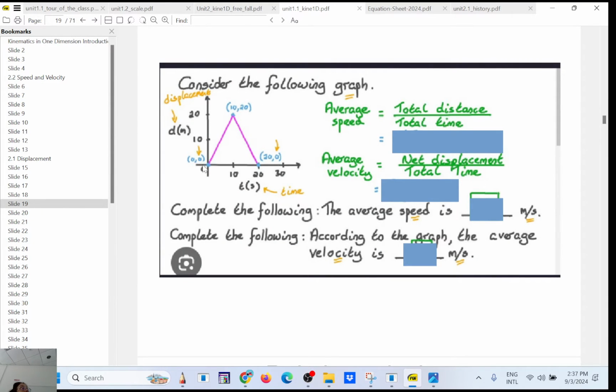What's going to be the distance? You go from 0 to 20 back to 0, so it will be 40. What will be the time elapsed? 20. So the average speed will be 2 meters per second. Okay?